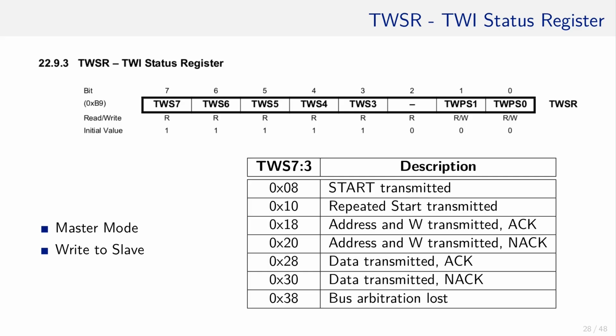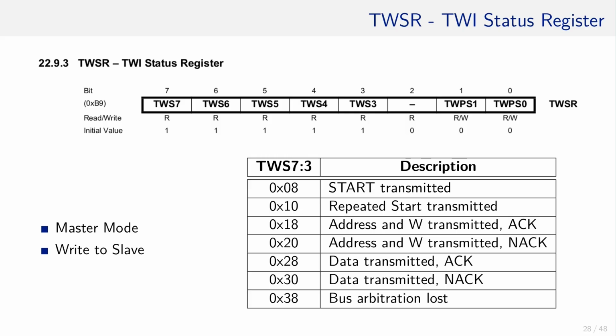The left side of the status register informs us about the status of the I2C hardware unit. First of all, there are 4 modes available for the ATmega 328P. First is the master mode, in which the MCU is the master of the I2C bus, able to initiate a data transfer. Then that master has 2 submodes. It can either read from or write to the slave.